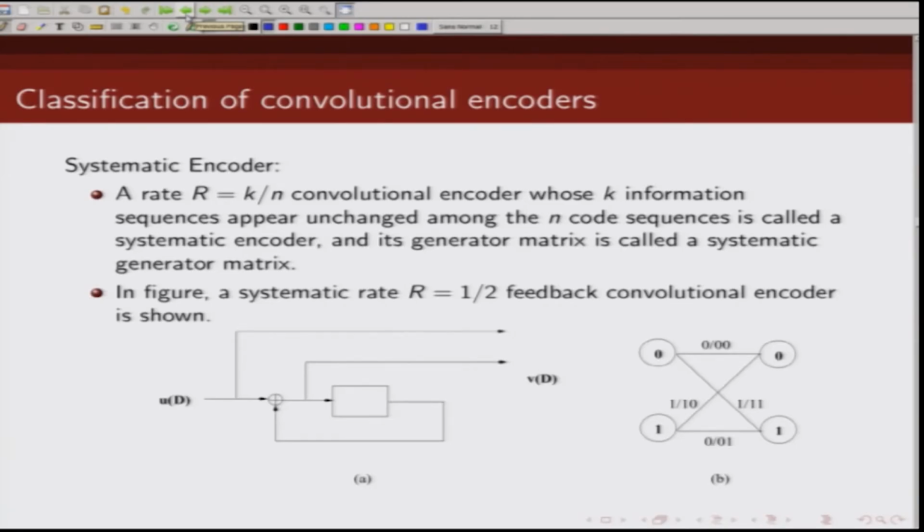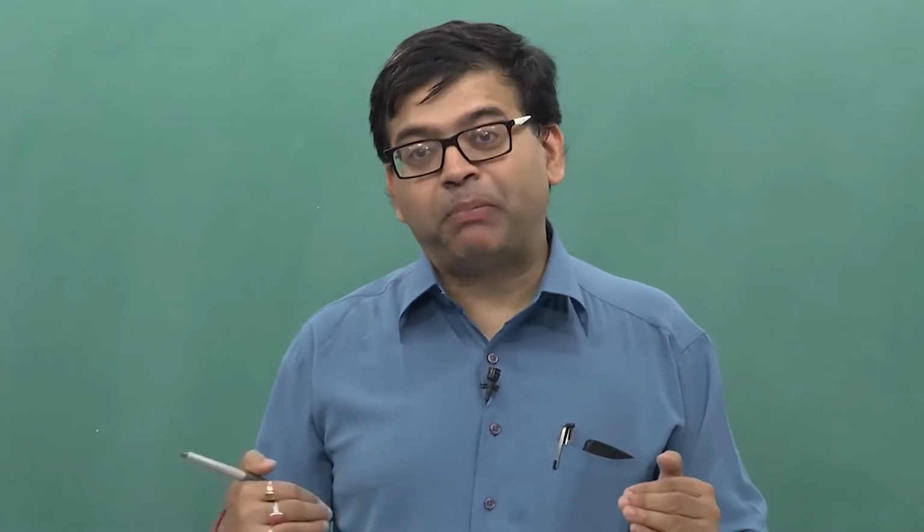We could also define a class which is called partially systematic encoder. So, in a partially systematic encoder, if you have a rate k by n partially systematic encoder, out of those k information bits, some of them appear unchanged in the output, while some of the information bits do not appear unchanged in the coded bits. So, in a systematic rate k by n encoder, we can see directly the k information bits.